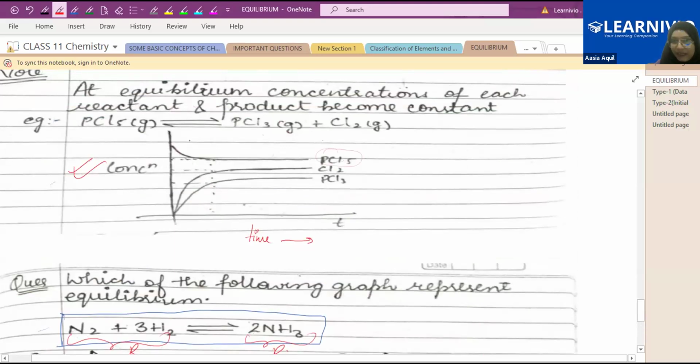So the concentration of PCl5 is decreasing. And for the product, which is PCl3 and Cl2, the concentration is increasing, and after this point the concentration becomes constant. It means the reaction is now in equilibrium. Why is it in equilibrium? Because the concentration of product as well as the reactant becomes constant.